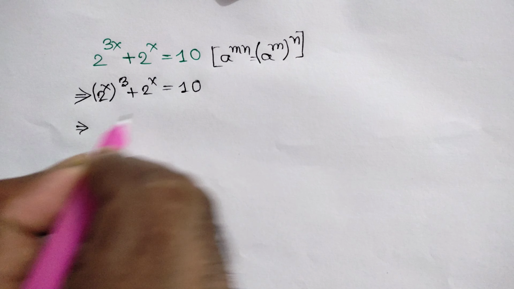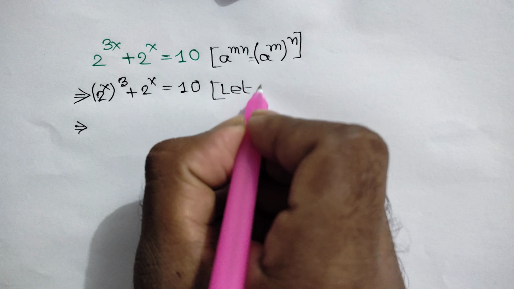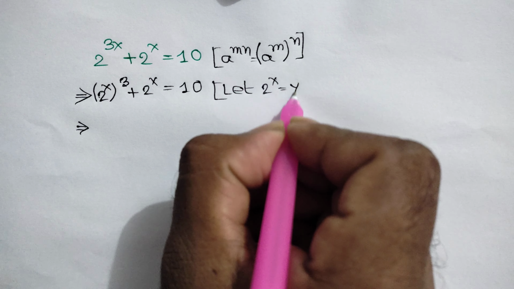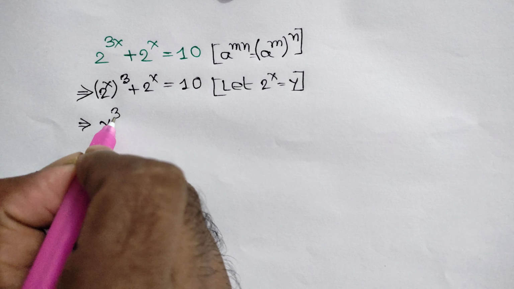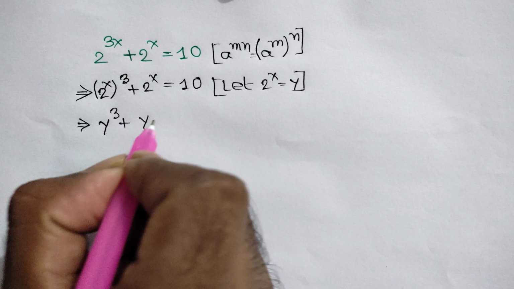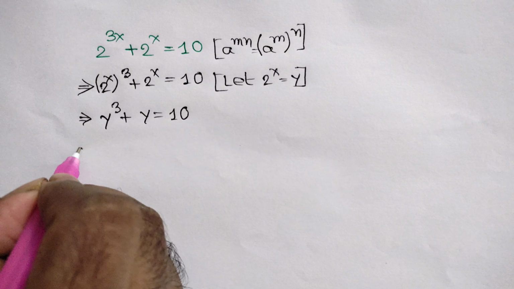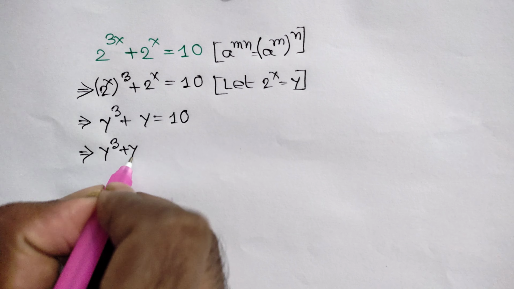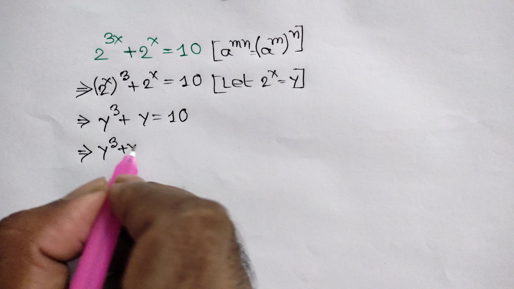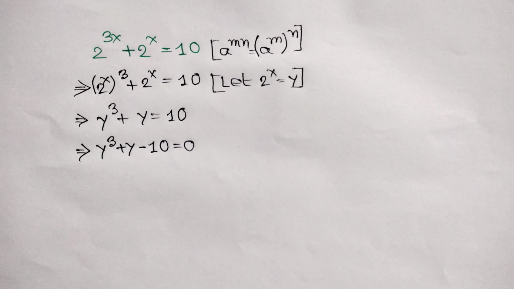Now let 2 to the power x is equal to y. So here we can write y cube plus y is equal to 10. Taking this positive 10 to the left side, we get y cube plus y minus 10 is equal to 0.